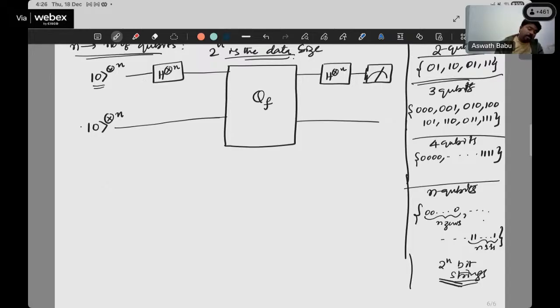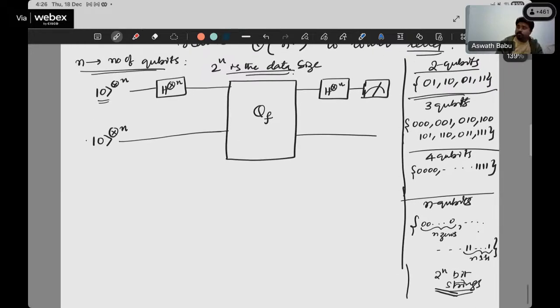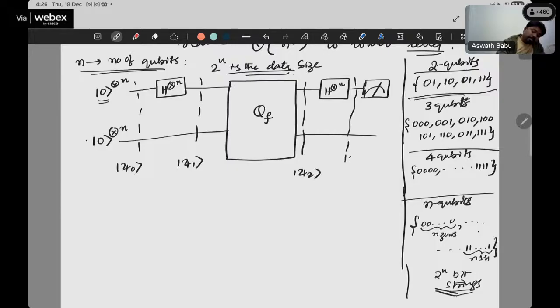Now, if I have to write down the quantum state level by level, there are levels psi 0, psi 1, psi 2, and psi 3. Let's go one by one, level by level.